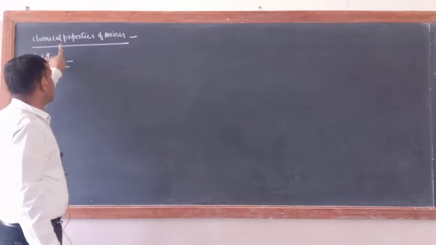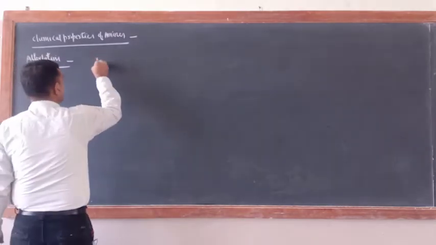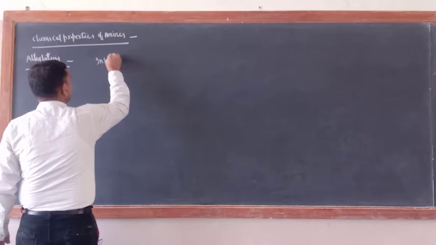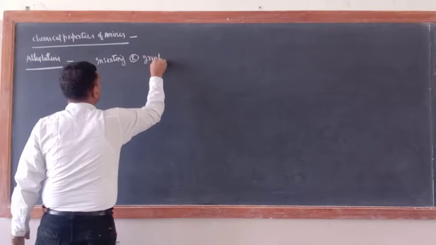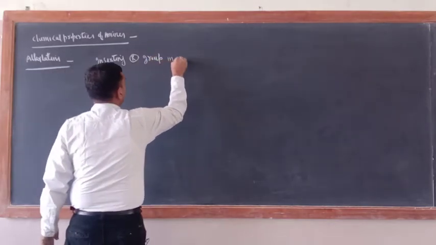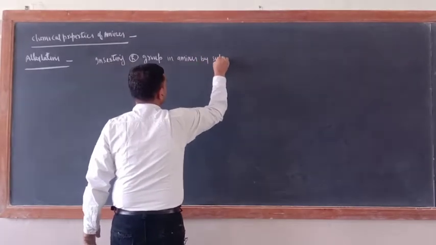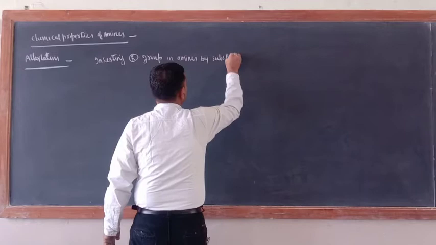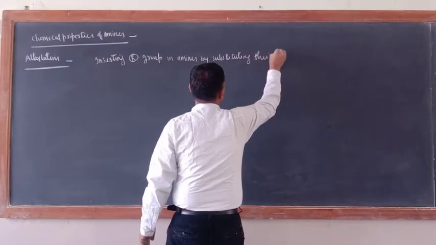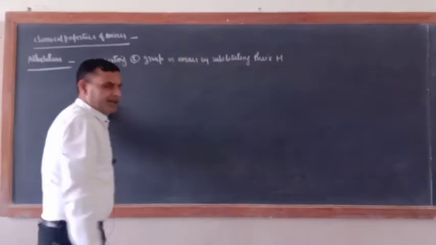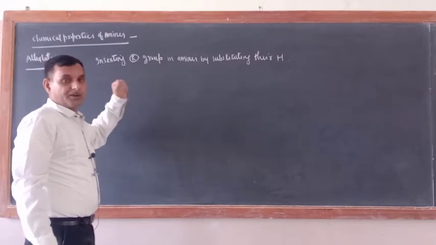Alkylation means inserting an alkyl group, that is, inserting an alkyl R group in amines by substituting their hydrogen. Or you can write: introduction of R group in amines by substituting hydrogen.